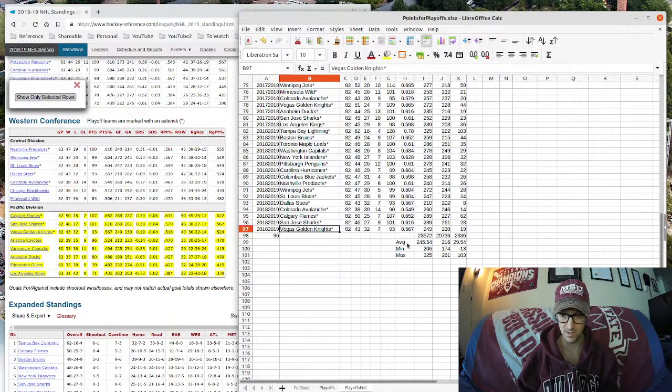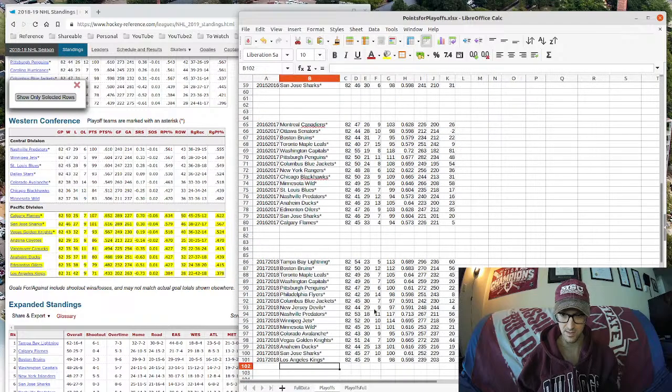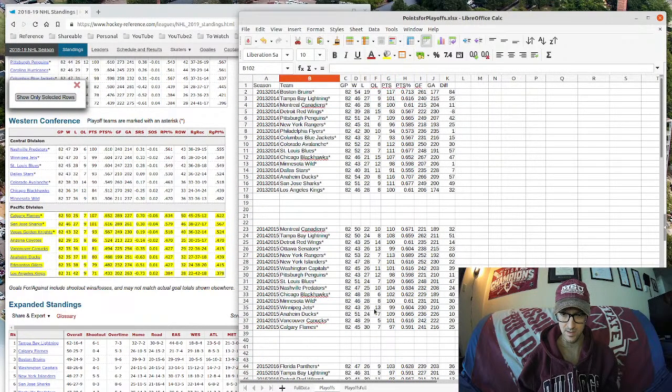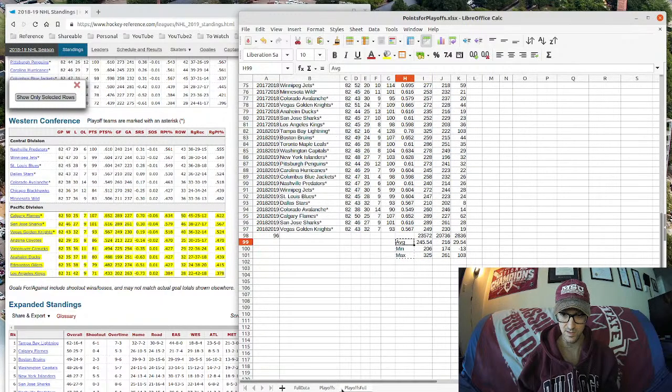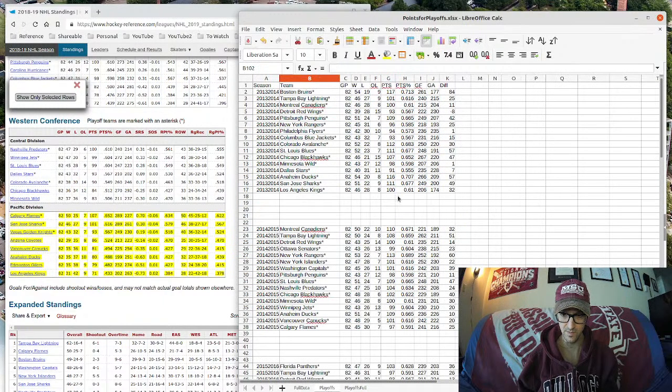Then we want these. Where do I paste it? 4th from the right.